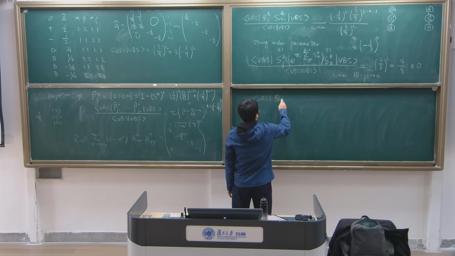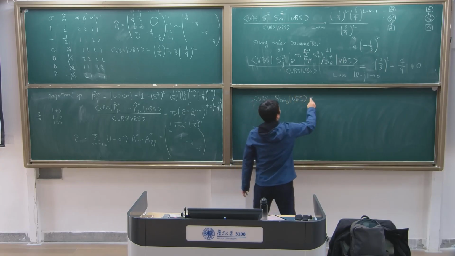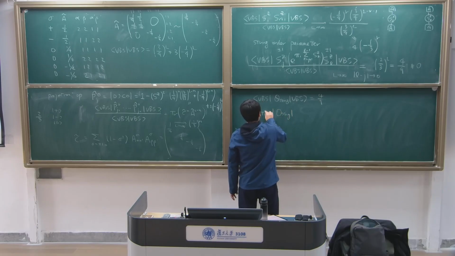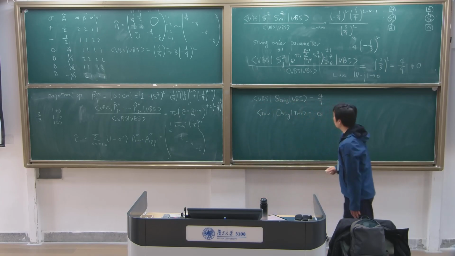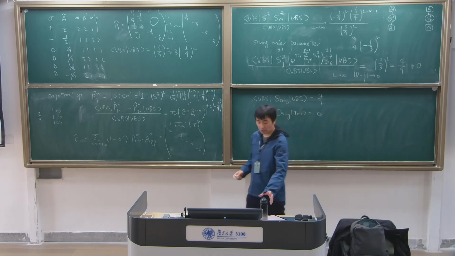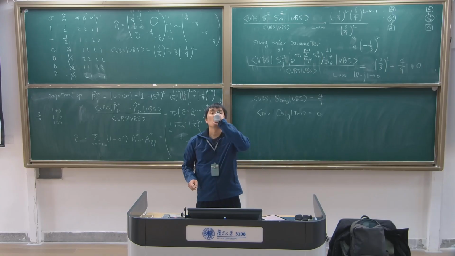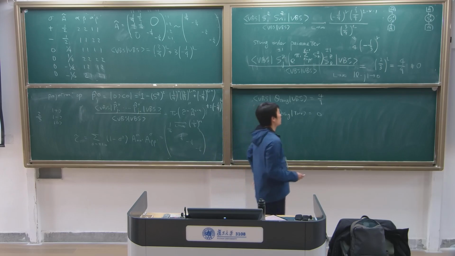This is the string operator, but the whole string, and trivial vacuum. So this becomes the order parameter that distinguishes the Haldane phase and the trivial phase.